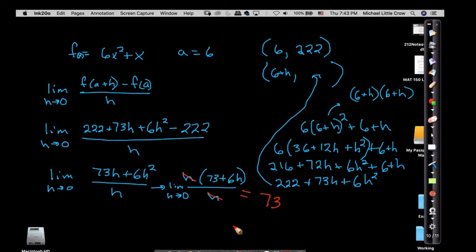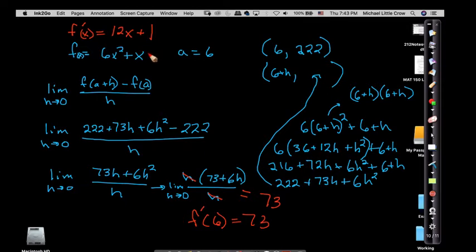And again, the derivative formula. What we found is that the derivative of this function at the point 6 equals 73. What we'll learn next Tuesday is that if we take the derivative of this, we take 2 times 6, which gave us 12, subtract 1 from the 2, that gives us x to the first, take the 1 times, and it's going to be plus 1.